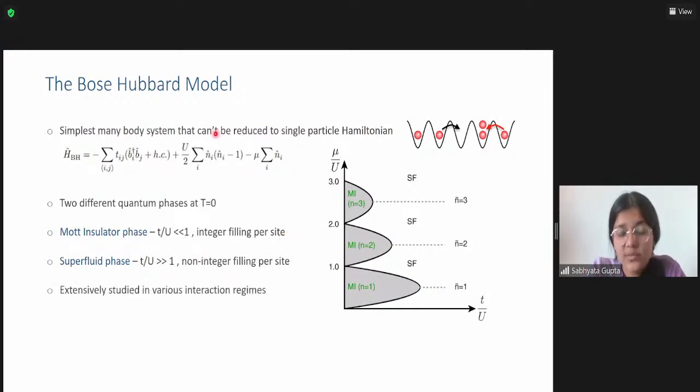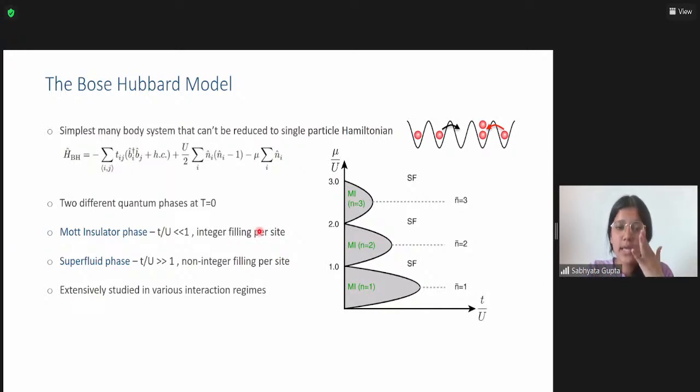The Bose-Hubbard model has been extensively studied in various interaction regimes using numerical methods and some analytical methods as well, but it is not exactly solvable analytically. There are several numerical methods, quantum Monte Carlo as well, which can be used to study the Bose-Hubbard model.